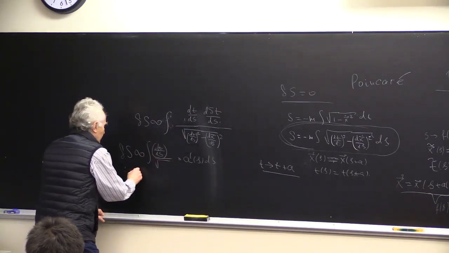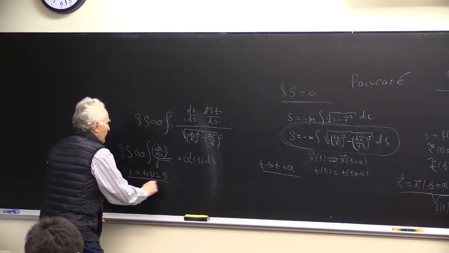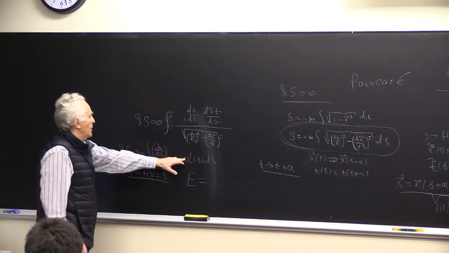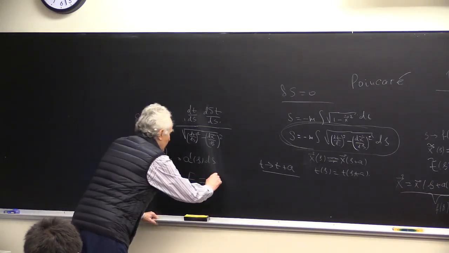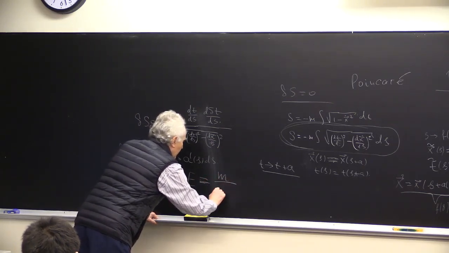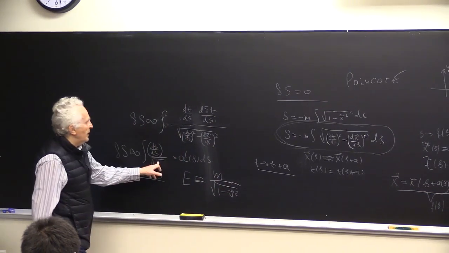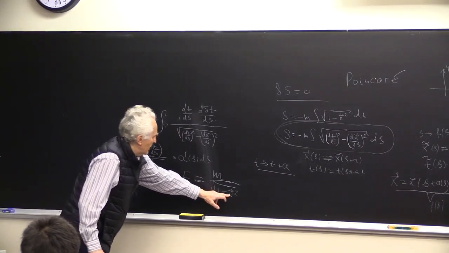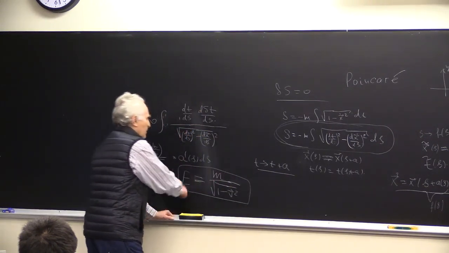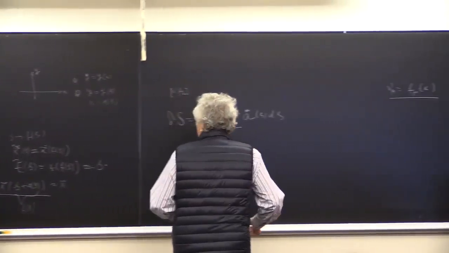These operations do not commute. So we have t of s equal to s, a convenient gauge. And we immediately see that the energy, which is the coefficient in front, is proportional, well, the proportionality coefficient is just the mass, over the square root of 1 minus v square. The square root here, when t is equal to s, becomes the velocity, and that's the famous E equals mc square expression, which follows from relativistic theory.